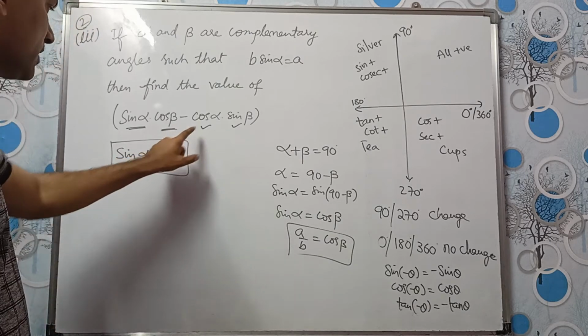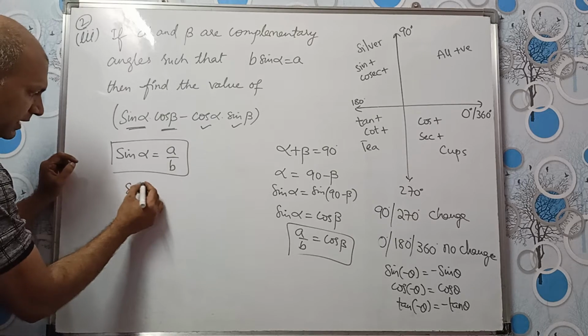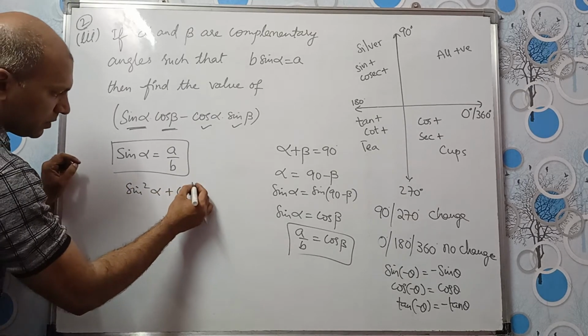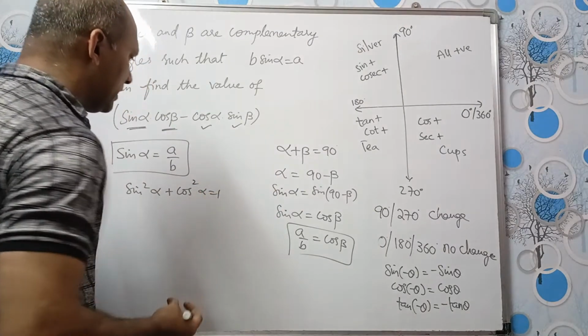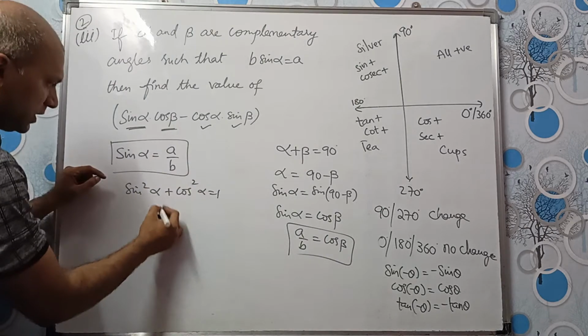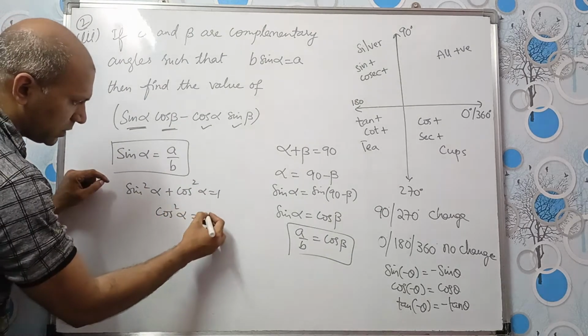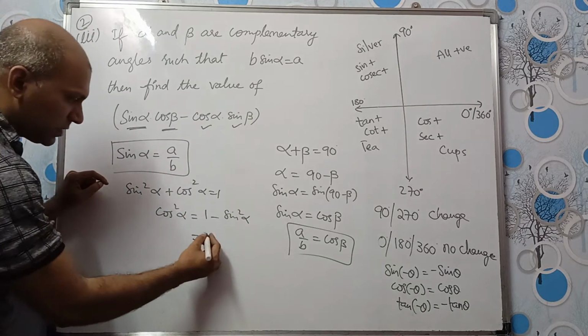Let us get cos alpha. How should we get the cos alpha value from sine alpha? We have an identity: sine square alpha plus cos square alpha is equal to 1, right? We can draw a right angle triangle and simplify also, we'll get the same answer, but this will be easier. If you want to find the value of cos square alpha, it is 1 minus sine square alpha, right?